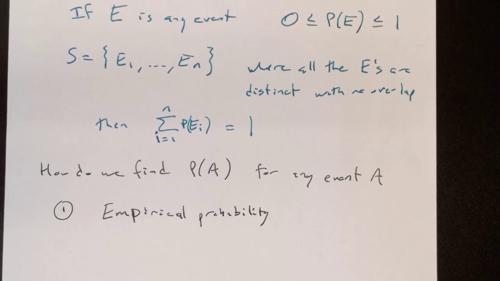I can run the experiment a whole lot. I could ask you to take this coin and flip it 100 times, and take the relative frequency of heads and the relative frequency of tails and say that's the probability of heads and that's the probability of tails based on your 100 flips. Or maybe I have you do 1,000 flips, right? The more I do, the more sure I'll be of my results.